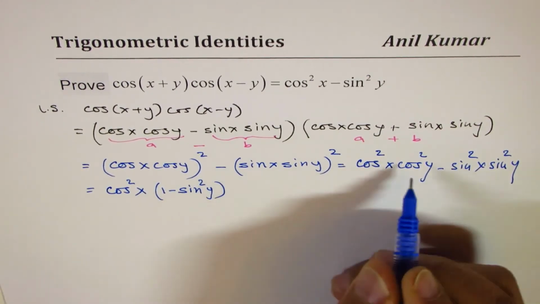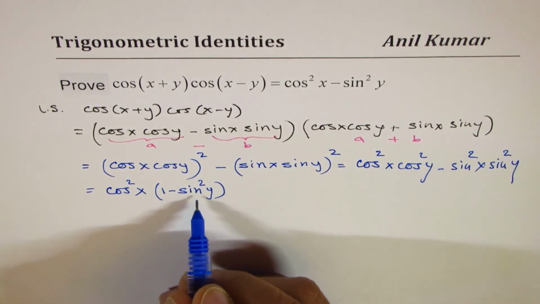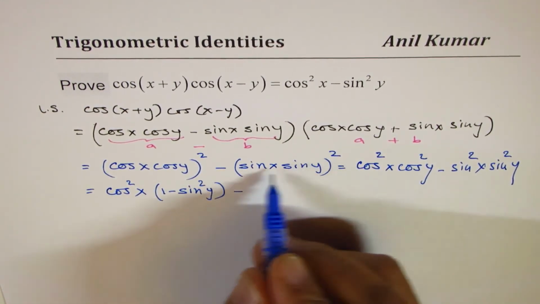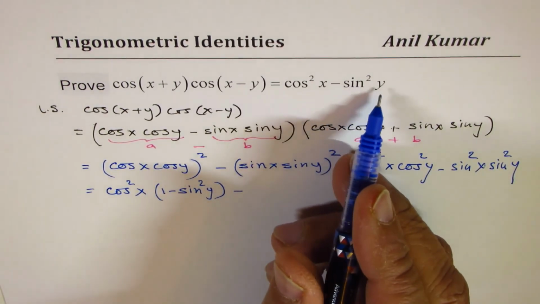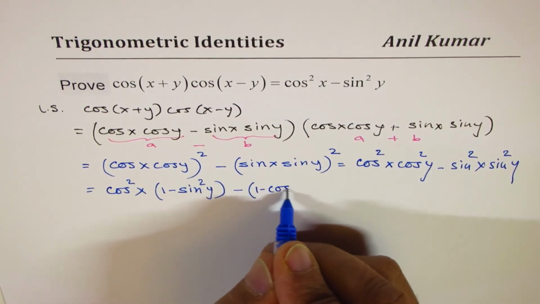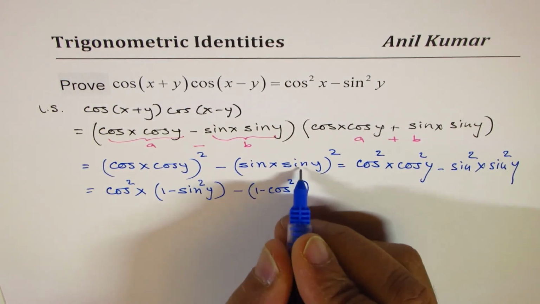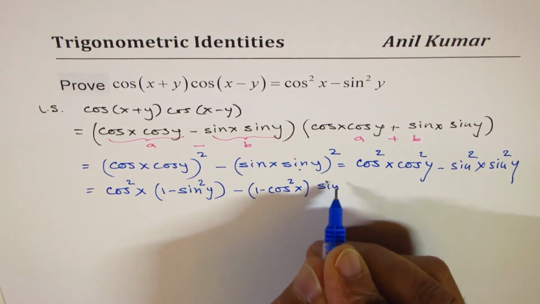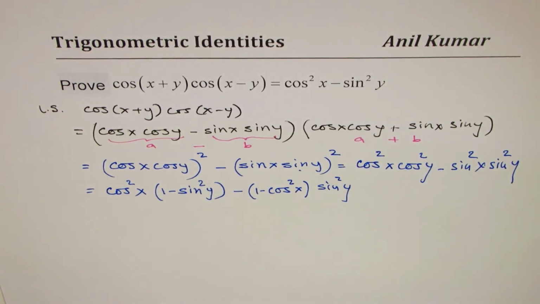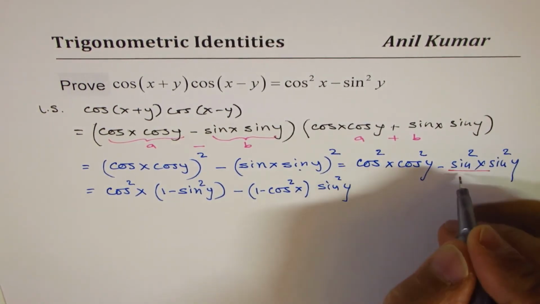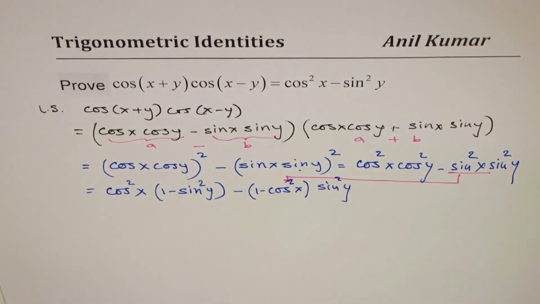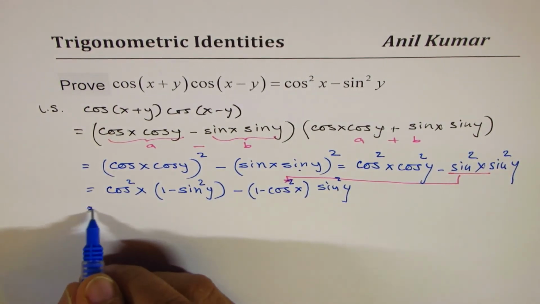Does it make sense to you? Cos square y is 1 minus sin square y. That's what we did. And in this case, for the square of sine we need y, not x. So we'll write this as 1 minus cos square x times sin square y, right? So sin square x is being written as 1 minus cos square x. You get an idea. Let's expand.